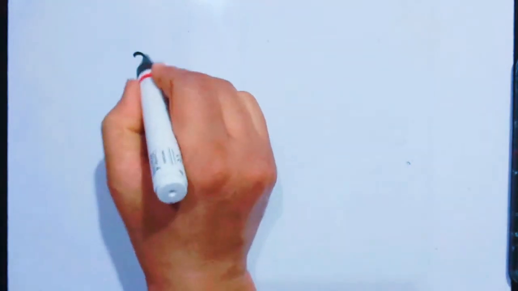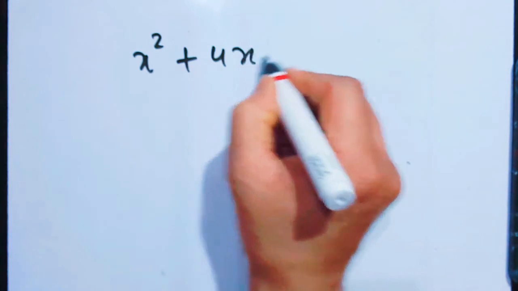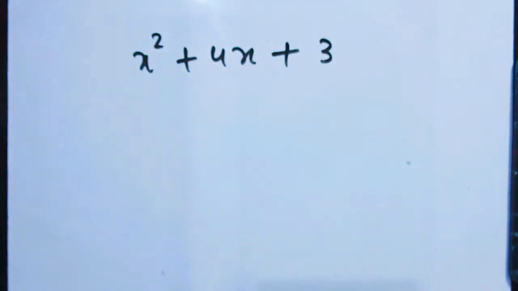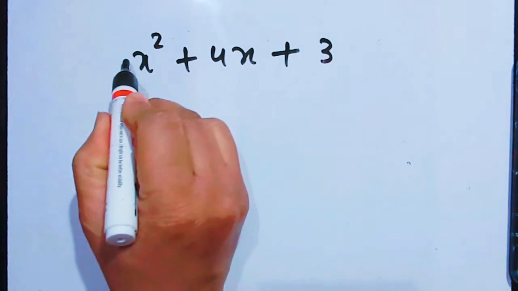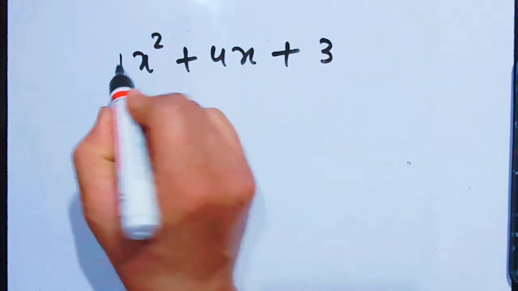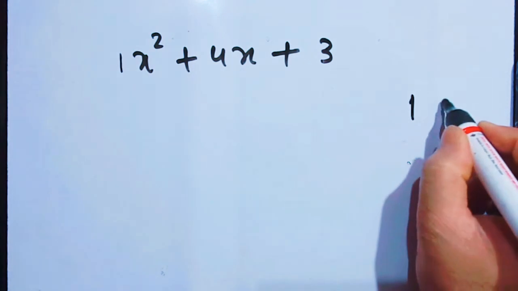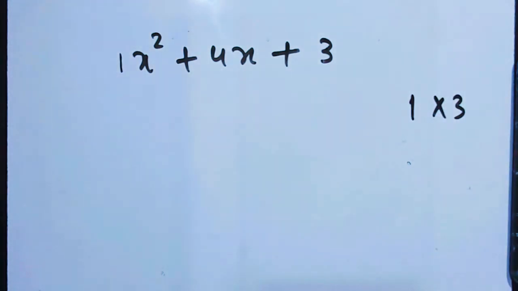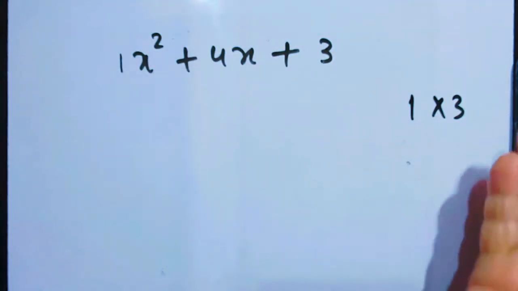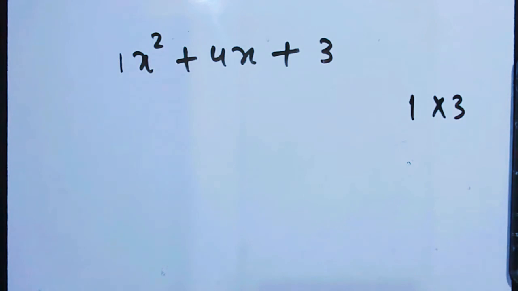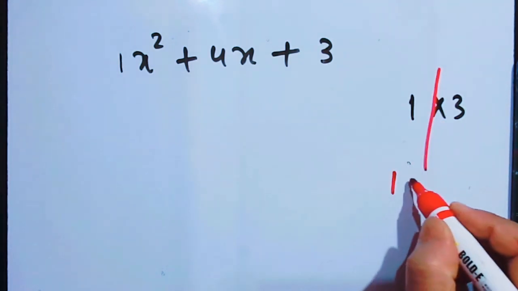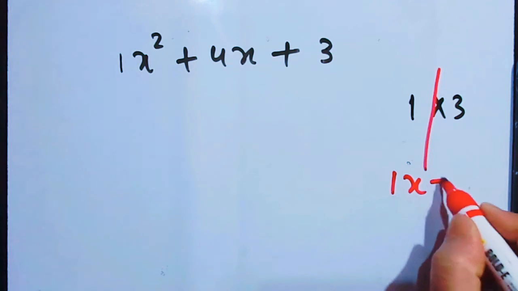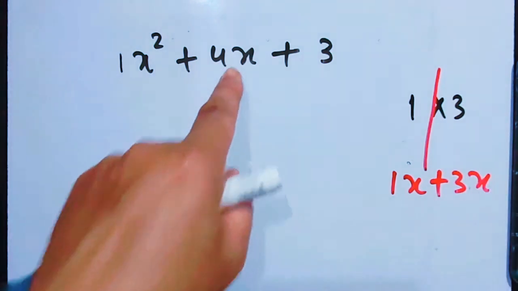Once again, if I do 2 or 3 sums, naturally your concept will increase, like x square plus 4x plus 3. So what I said, I am going to take this number 1 over here and the last one over here, 3. Okay, I have multiplied. Now I will divide this into two multiples so that when I add them, I will get 4. So see, 1x plus 3x will be equal to 4x.